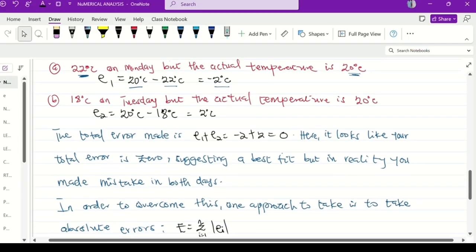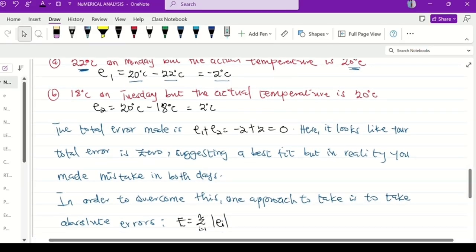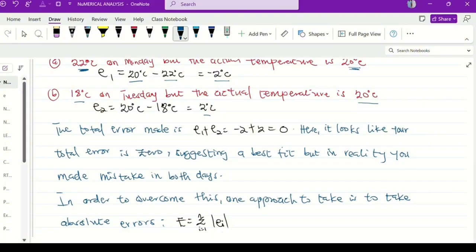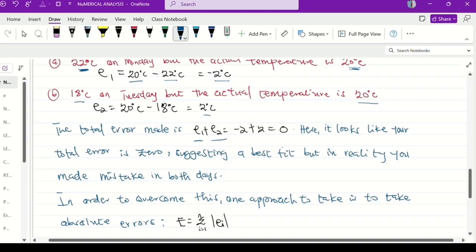And on Tuesday, we predicted 18 degrees Celsius, and the actual temperature is 20 degrees Celsius. So here too, we get the error to be 2 degrees Celsius. Now, if we just want to add the total errors, then you're going to get E1 plus E2, which is negative 2 plus 2, giving you 0.